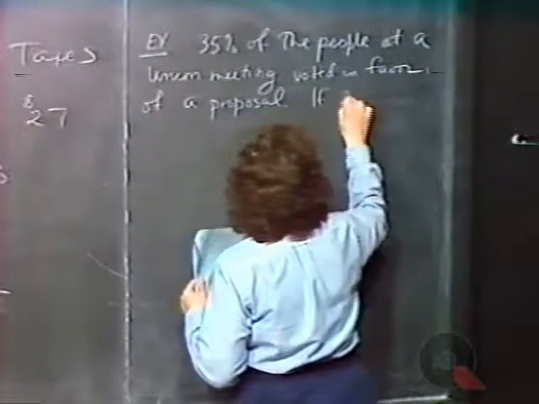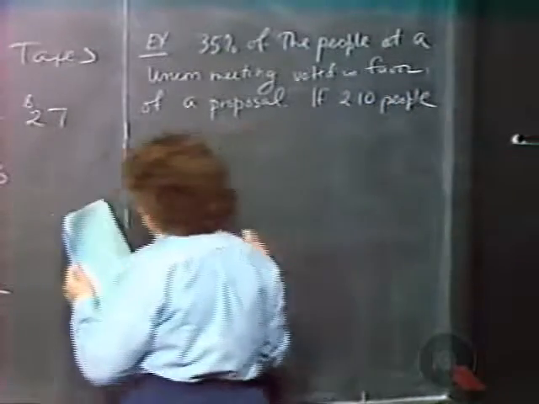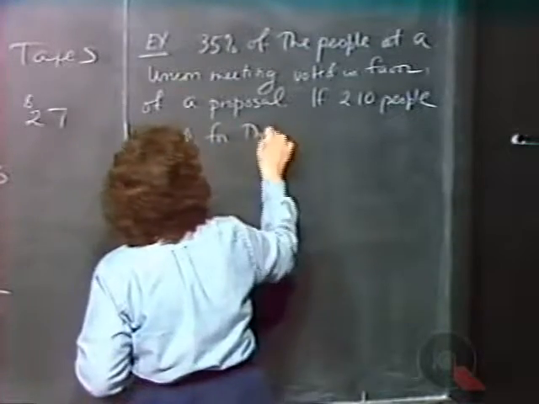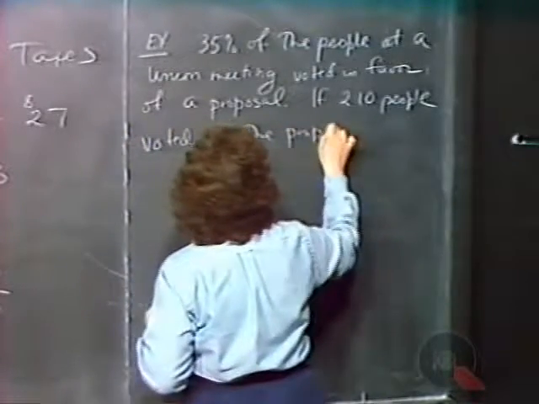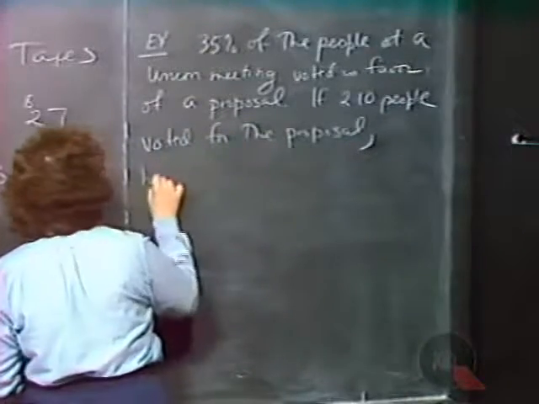If 210 people voted for the proposal, how many people were at the meeting?